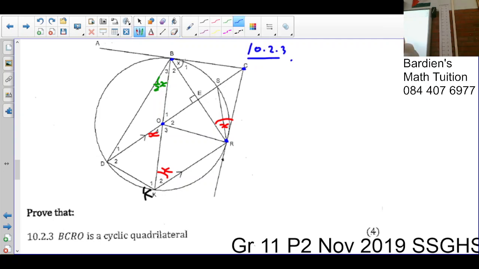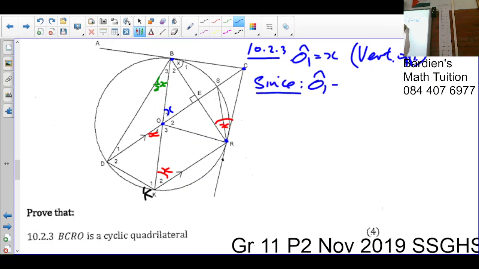For 10.2.3, we said that angle O1 is actually equal to x. Why? Because it's vertically opposite to O4. You guys understand? So O1 is equal to x, as you can see, it's vertically opposite. So we state the obvious: angle O1 is in fact equal to BRC, which is equal to x.